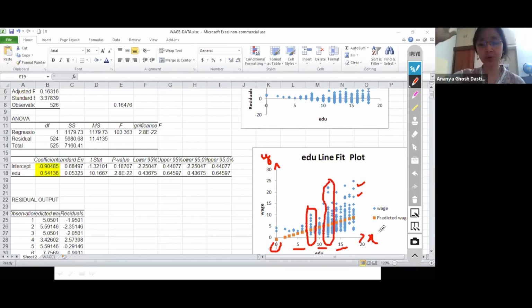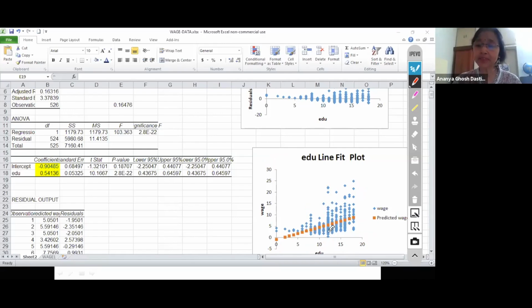You see a whole scatter of wages, because even people with, let's say, 15 years of education have so many incomes available. Those with 15 years of education can either earn very little income, or they can earn quite high levels of income, right?